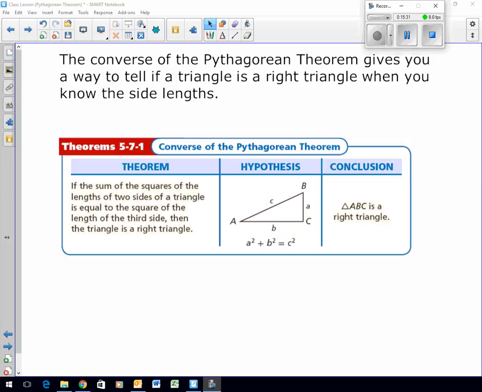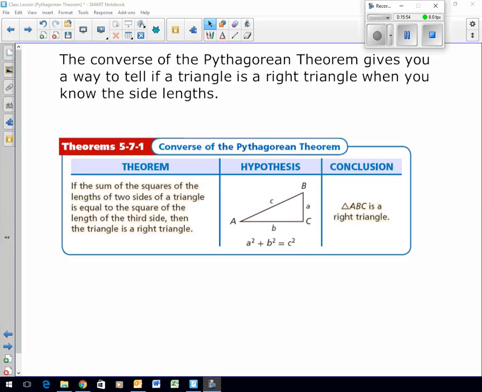All right. Please don't worry about writing this down. But look up here, okay? The converse of the Pythagorean theorem gives a way to tell if a triangle is a right triangle when you know the side lengths. If the sum of the squares of the lengths of two sides of a triangle is equal to the square of the length of the third side, then the triangle is a right triangle.